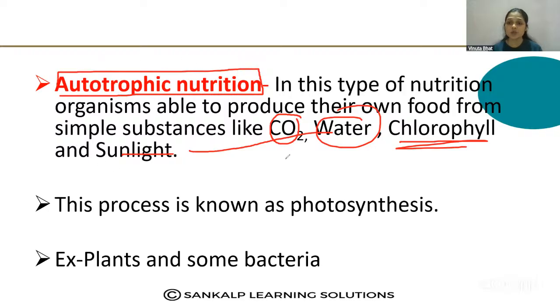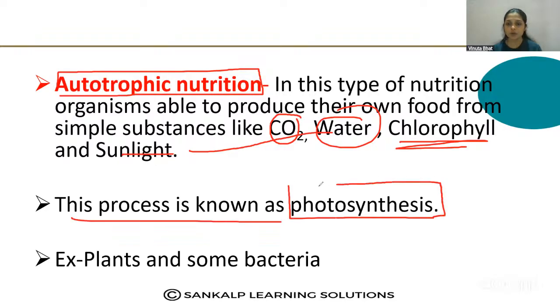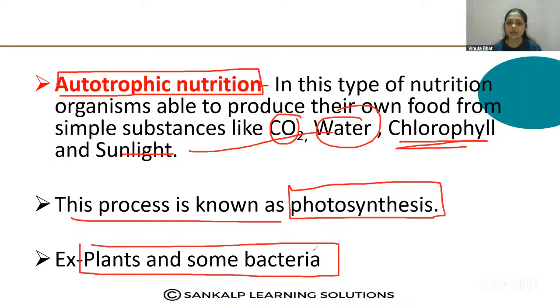The process of production of food is known as photosynthesis. For example, plants and some bacteria like cyanobacteria prepare their own food by photosynthesis. So that is called autotrophic nutrition.